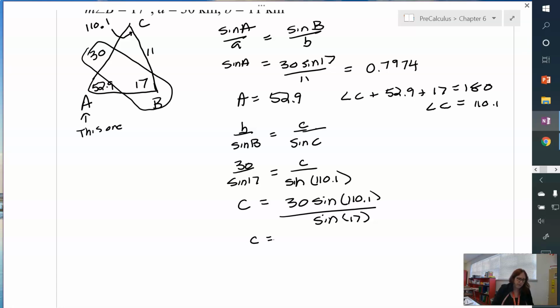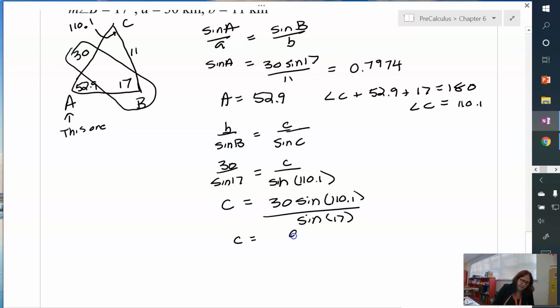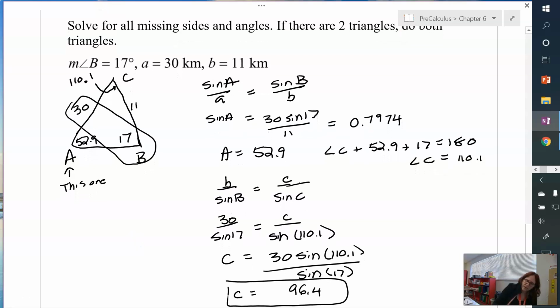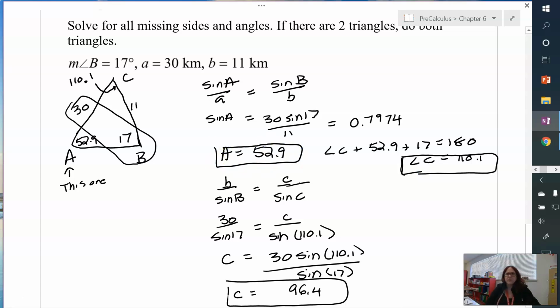No, I divided wrong. I divided by 17 instead of sine of 17. So let's do this. 30 times sine of 110.1 divided by the sine of 17 equals 96.4. So I now have the two missing angles and the missing side of this triangle.